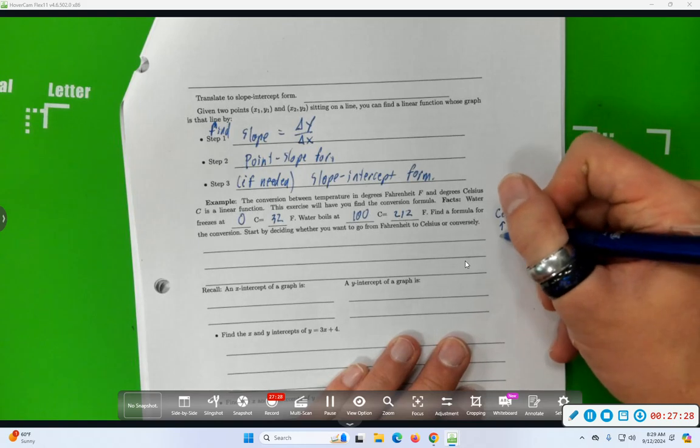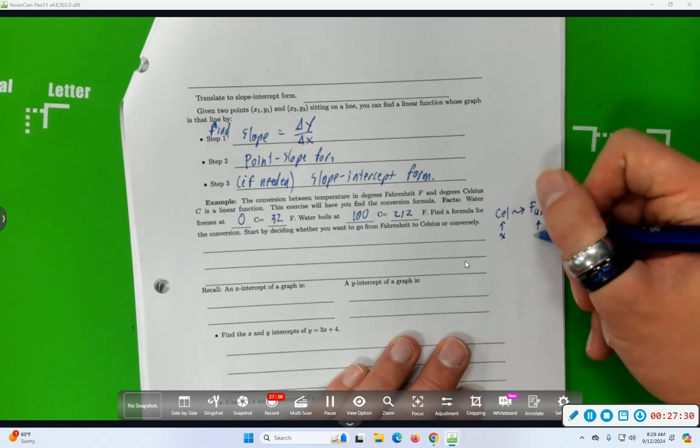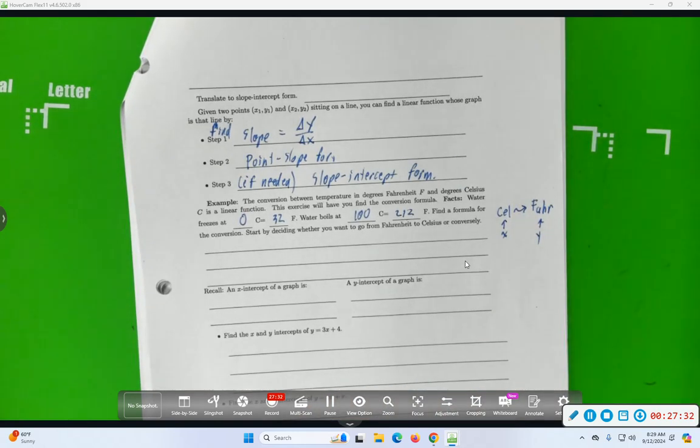That means I want to treat Celsius as the x value, Fahrenheit as the y value. I would like to get the actual formula for this conversion. I know it's going to be a line. So that means I want to know an equation for a line that goes between these points. So let's just label these points.